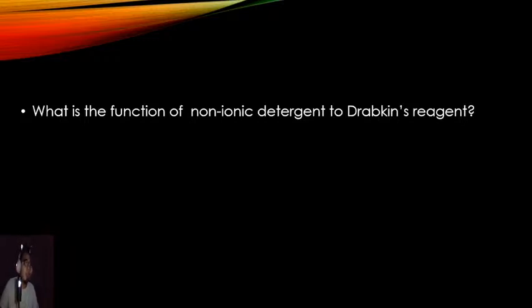So it prevents interference, basically. Why? Because the HiCN method is a spectrophotometric method. Please be mindful of the importance of every reagent that we have in the tests.